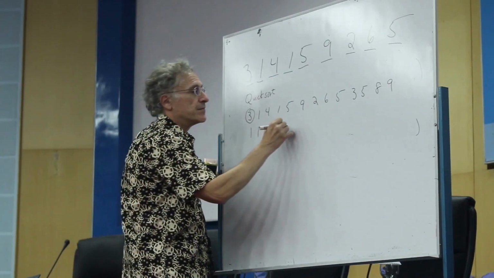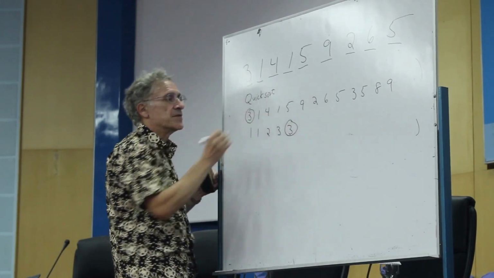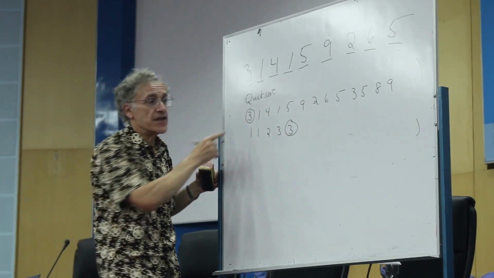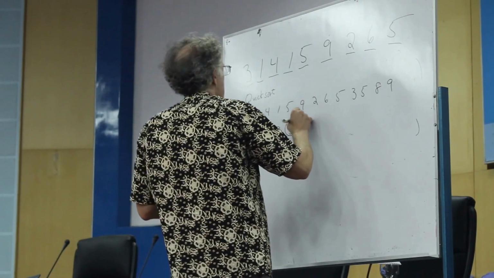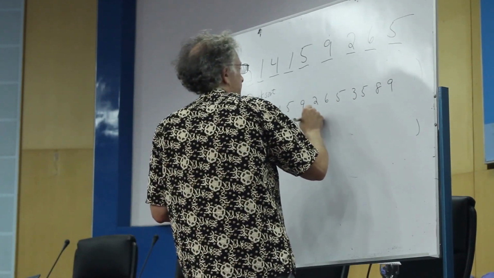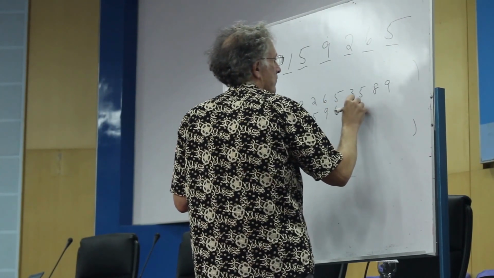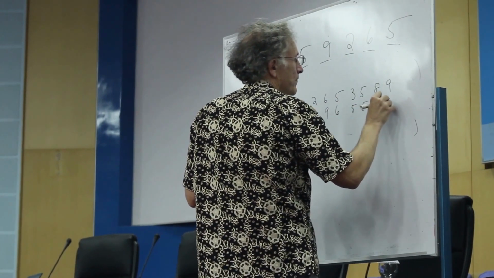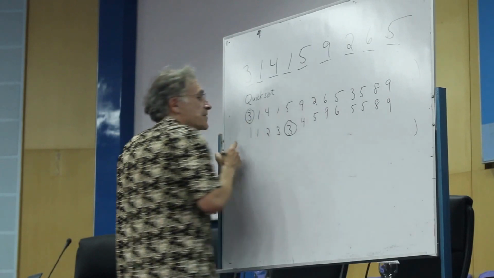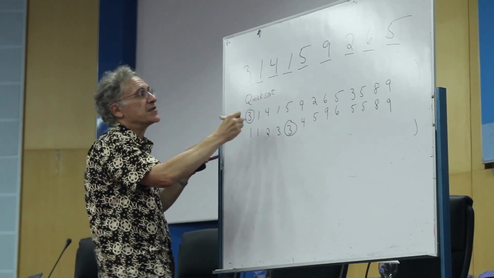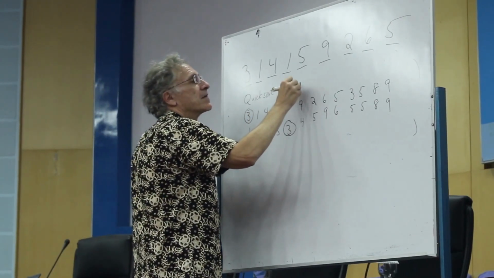Now I'll put my starting number there. And now all the other numbers are big numbers. So I will write them down here. These are big numbers. This operation is called partitioning.